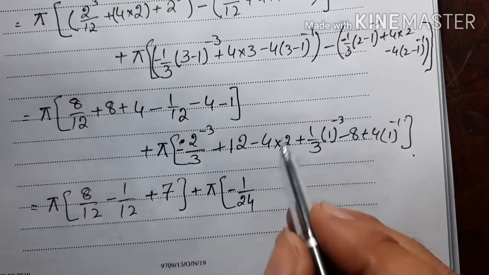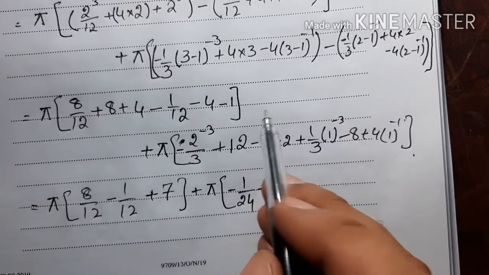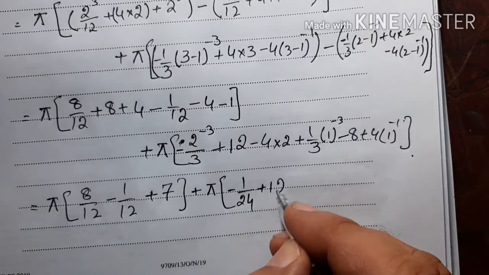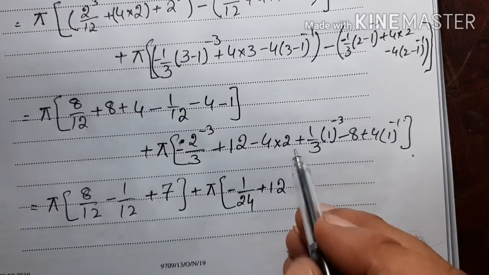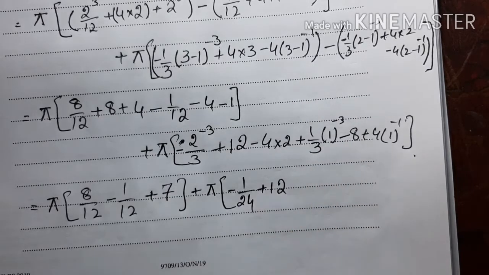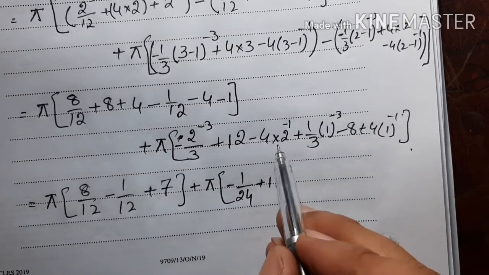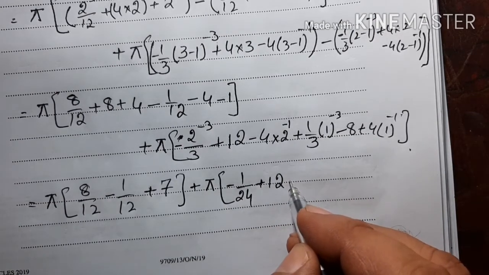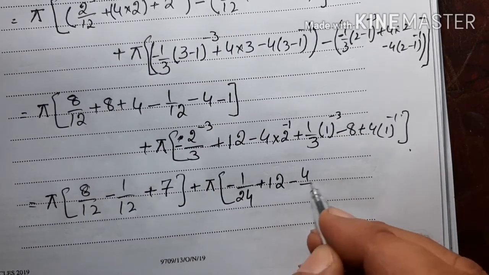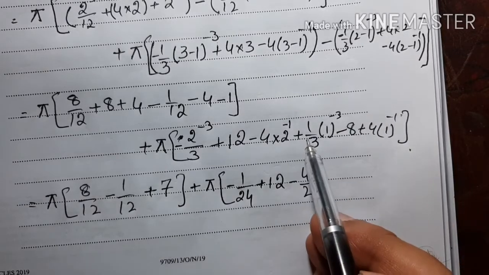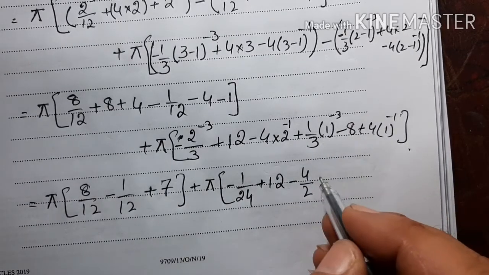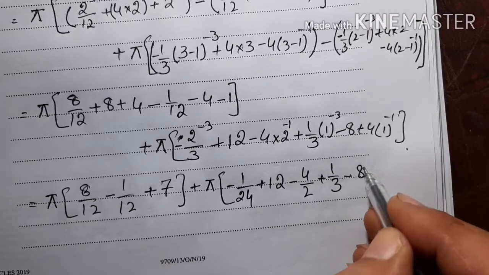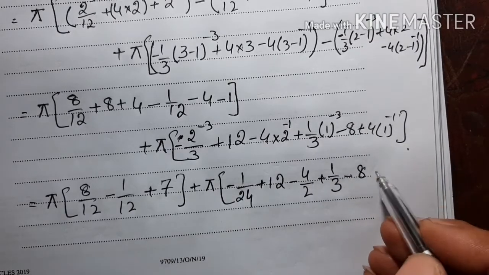Plus 12, plus 12. Yes, 4 power 2 power minus 1 means 4 over 2, minus 4 over 2, plus 1 over 3, minus 8, plus 4.